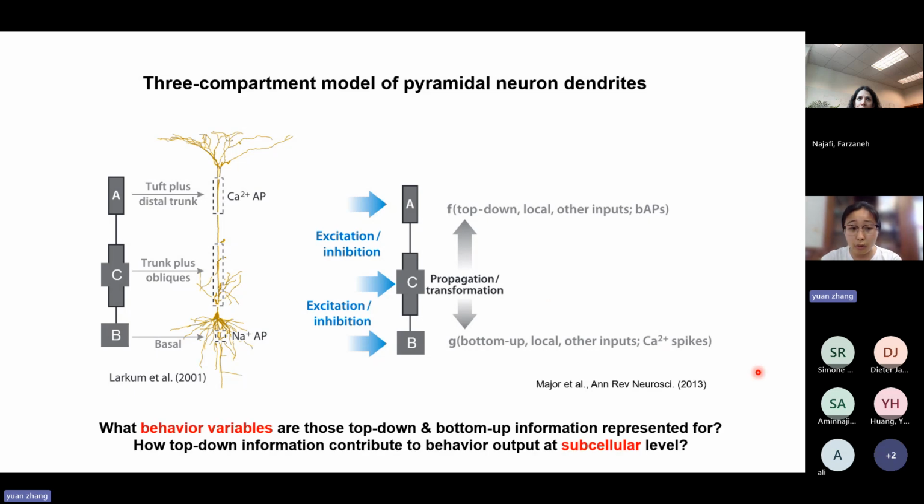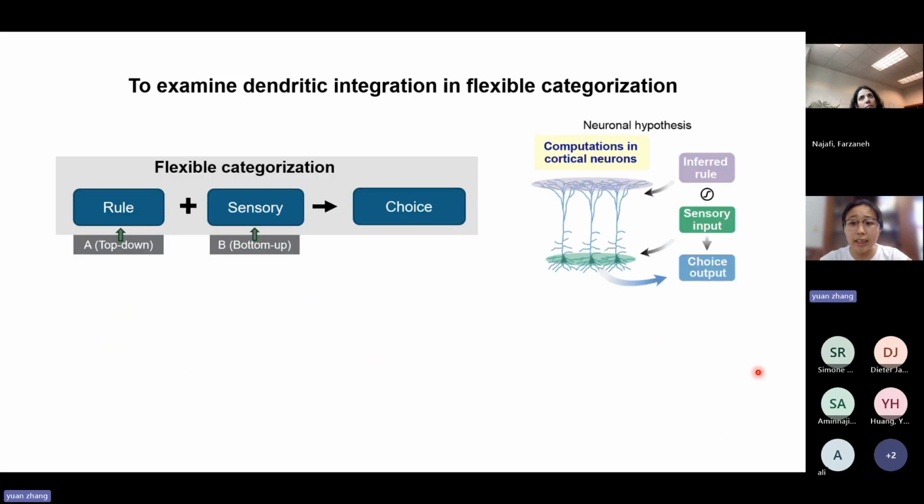But what behavioral variables are those top-down and bottom-up information representing? Especially how the top-down information contributes to behavior output at the subcellular level is still not very clear. So to clarify our question, we want to examine the dendritic integration in a flexible categorization task, where we need the top-down information, the rule information, combined with the bottom-up sensory information, to make the correct choice.